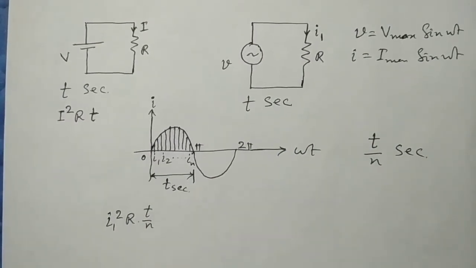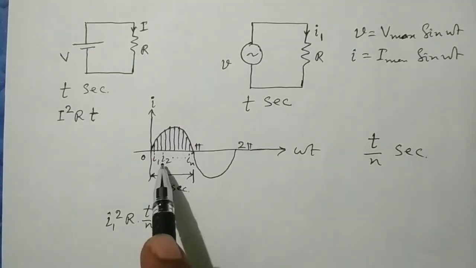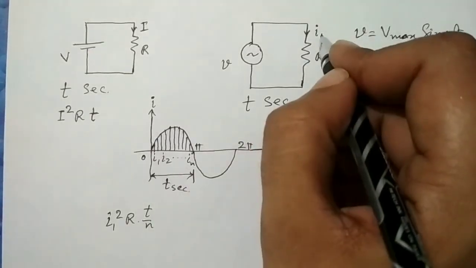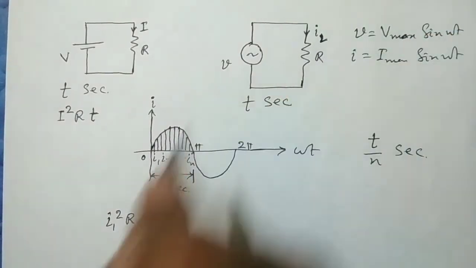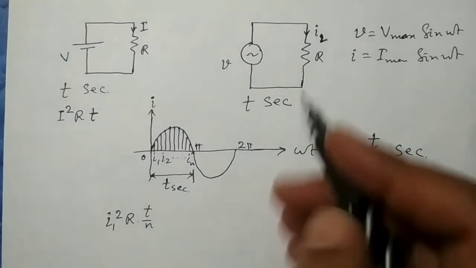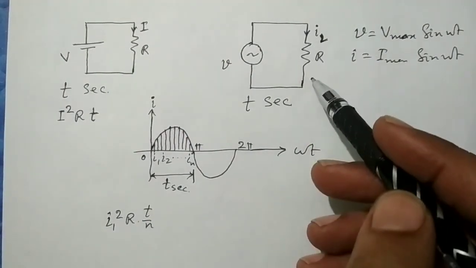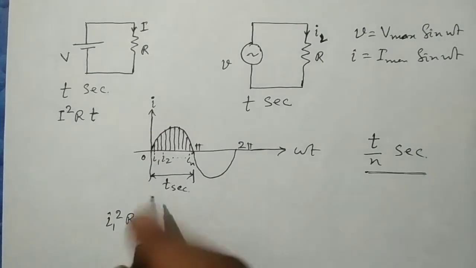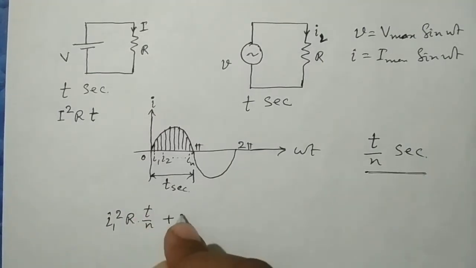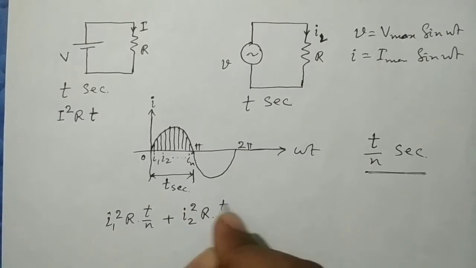Just after T by n seconds, the magnitude of the current changes to i2. So now instead of i1, it will be i2. The i2 current will flow through the load resistance for again T by n seconds, so the energy produced for the i2 current will be i2 square R into T by n.